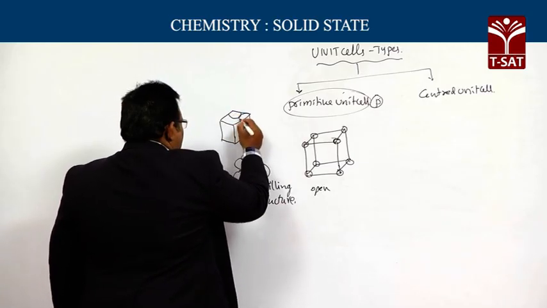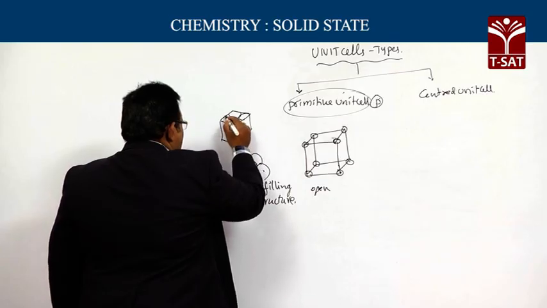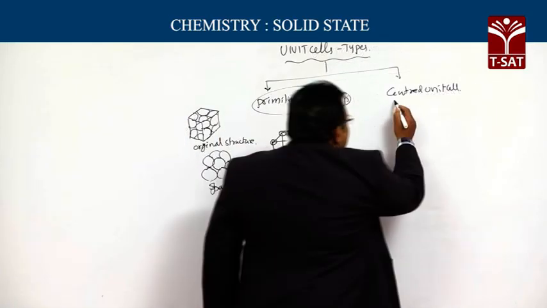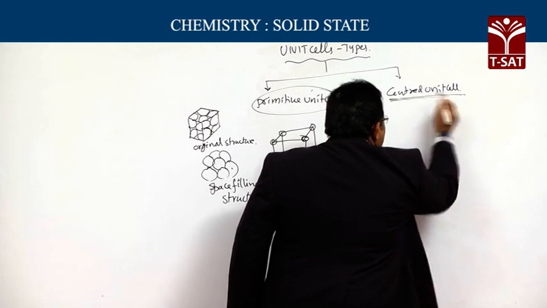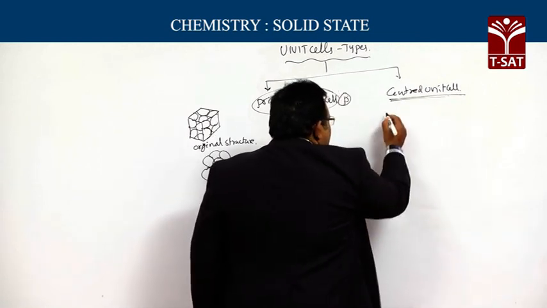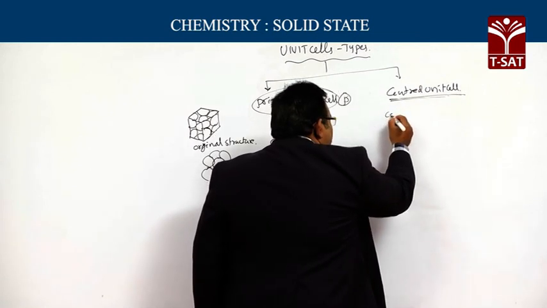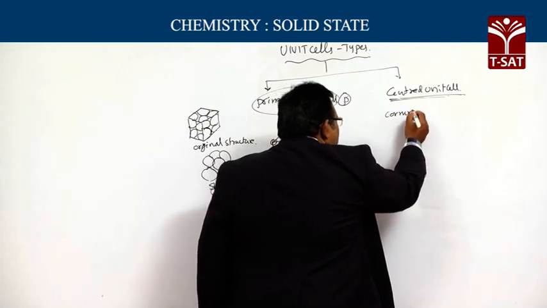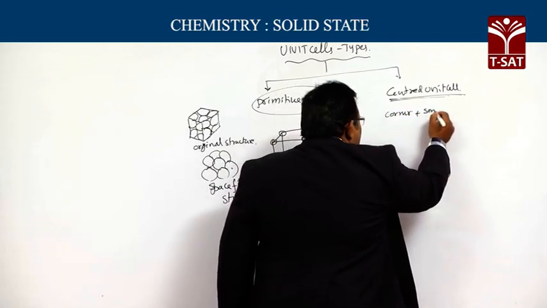One sphere is over here, another sphere is here. Look at this centered unit cell. Here the spheres are present at corners and also somewhere.